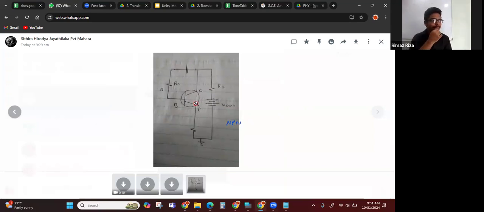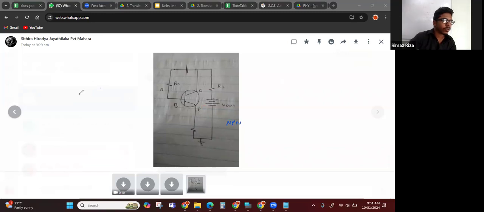Actually, this figure has been drawn upside down. What has been drawn is not wrong, but now I will draw it the usual way I explained. First we take the transistor and then the common collector, so this is C right here.